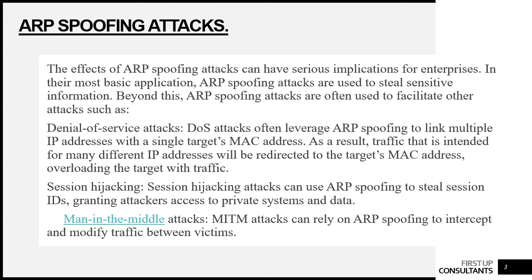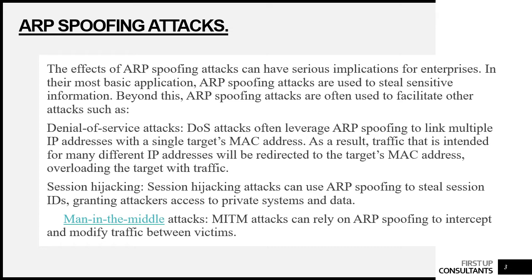Denial of service attacks often leverage ARP spoofing to link multiple IP addresses with a single target's MAC address. As a result, traffic that is intended for many different IP addresses will be redirected to the target's MAC address, overloading the target with traffic. Then we have session hijacking.